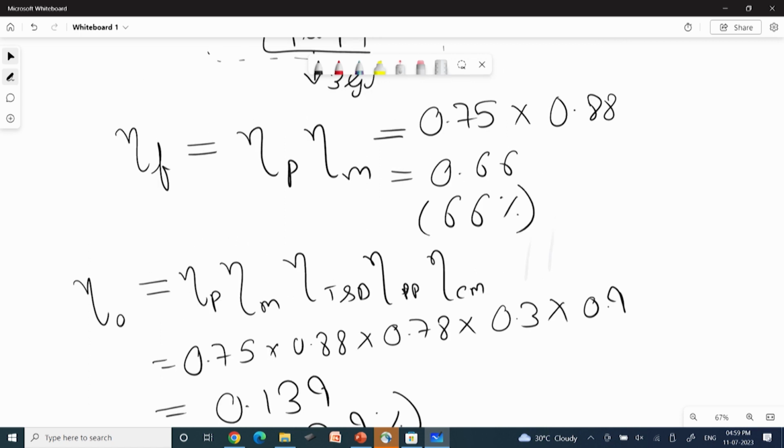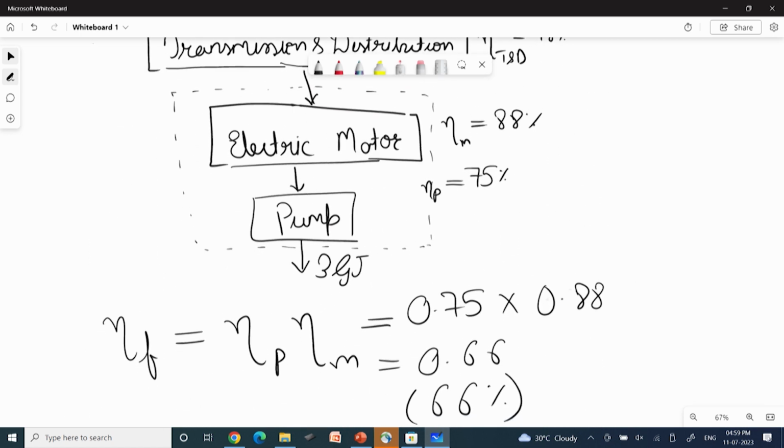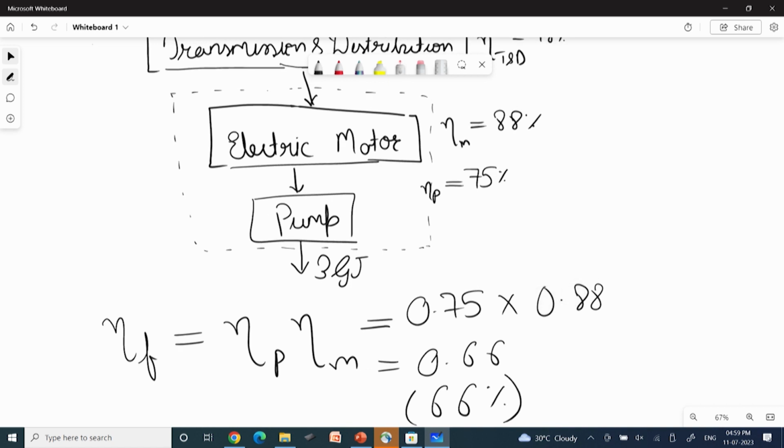Further, from the farmer's point of view, if he wants 3 gigajoules of energy at the output, the amount of electricity he would need, you divide that by the efficiency, would be roughly around 4.54 gigajoules.